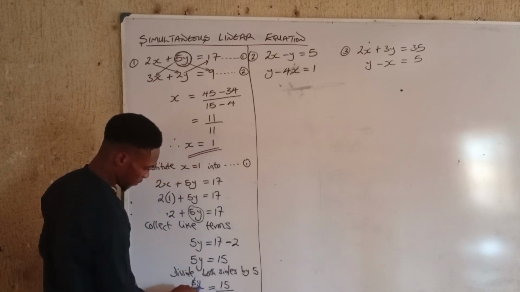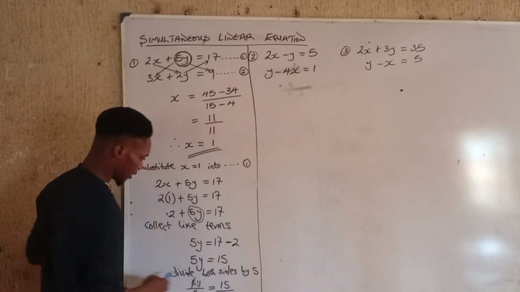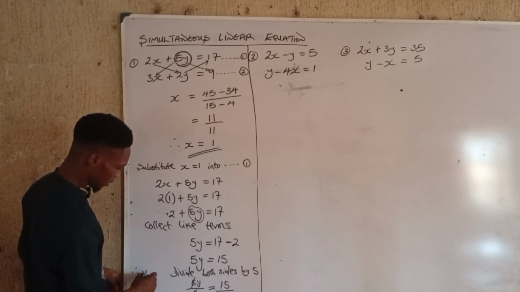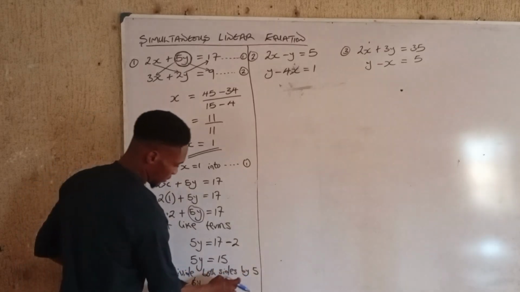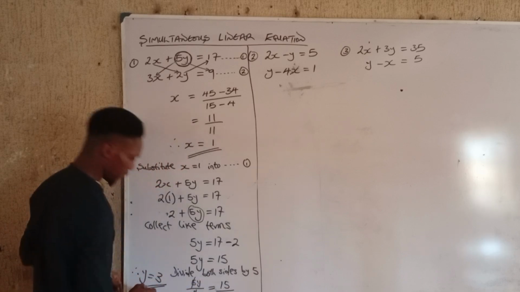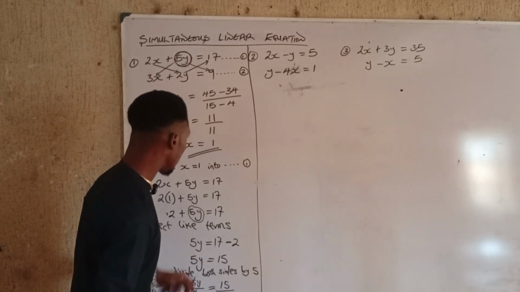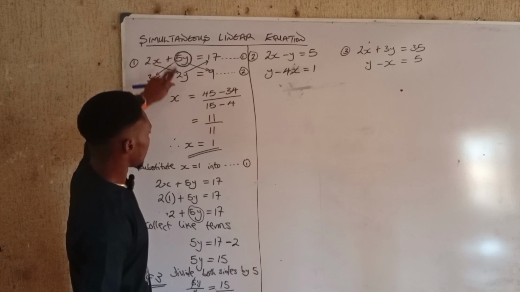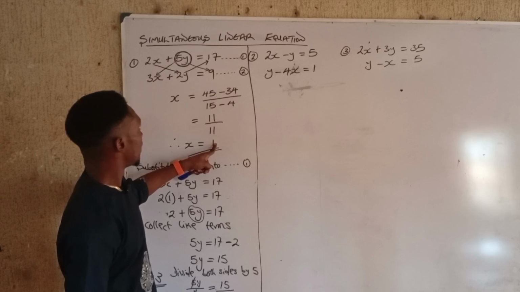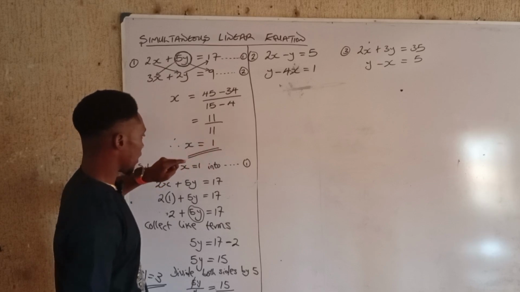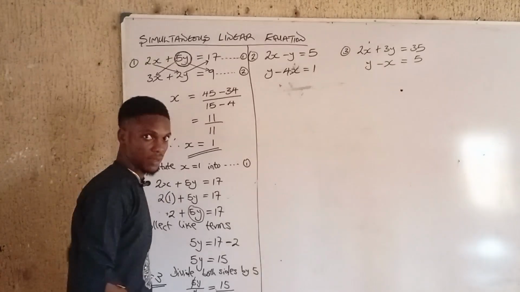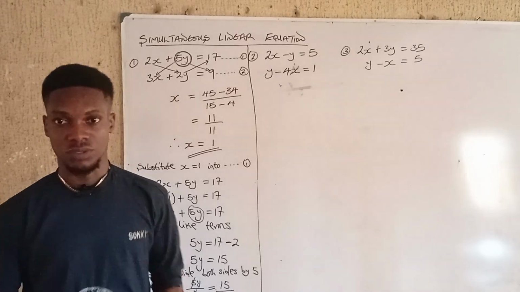We cancel 5. What do you have left? y. You can now say, therefore, y is equal to 15 divided by 5, which is 3. So in this simultaneous equation, the value of our x is equal to 1 and the value of our y is equal to 3. And you are good to go.